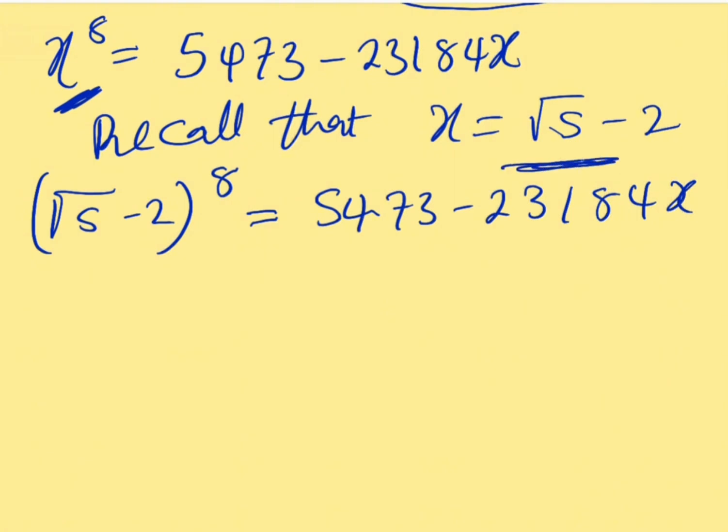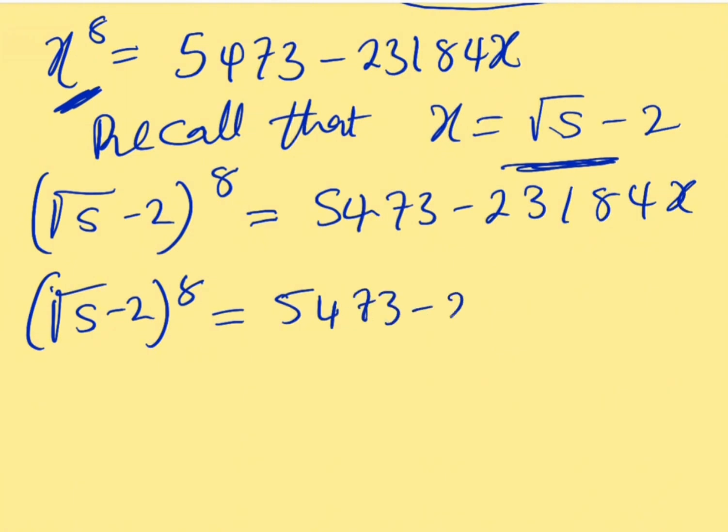This is our x. x is equal to square root of 5 minus 2. So we now have that square root of 5 minus 2 to the power of 8 is equal to 5473 minus 23184x, which is square root of 5 minus 2.